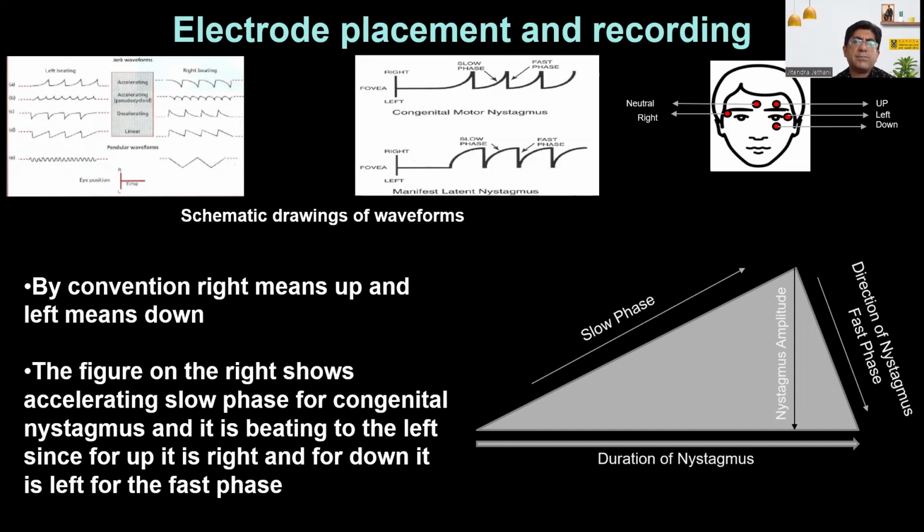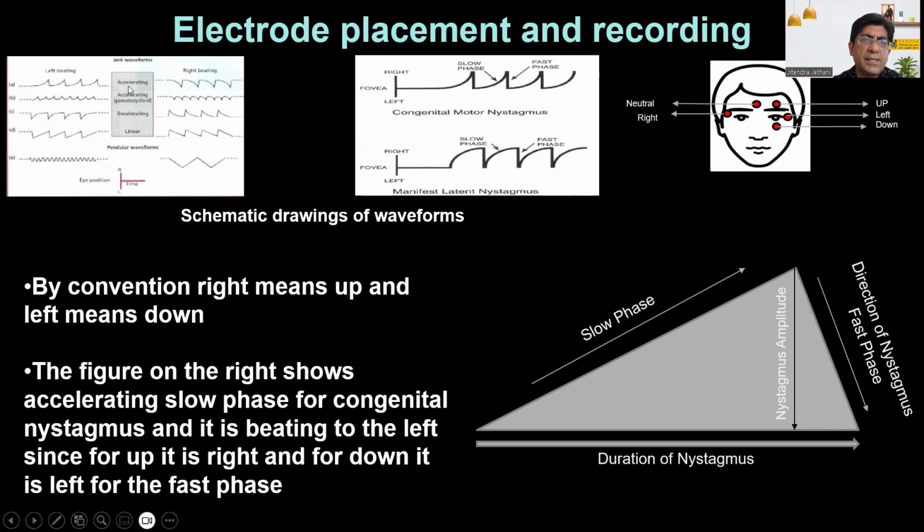So these terminologies are the old terminologies: congenital motor nystagmus, manifest latent nystagmus. So this is the slow phase beating towards left. Now, if you see these, this is left beating, going down, again going up, going down. This is accelerating, left beating. This is accelerating, right beating, because it is going from up to down to up.